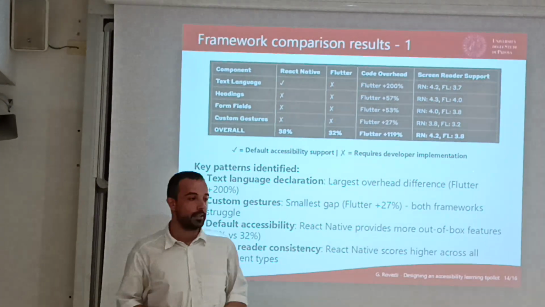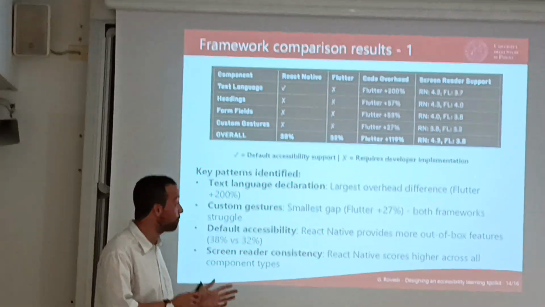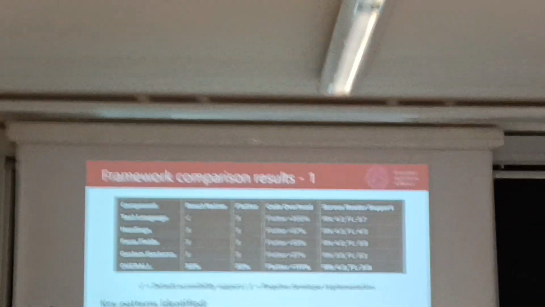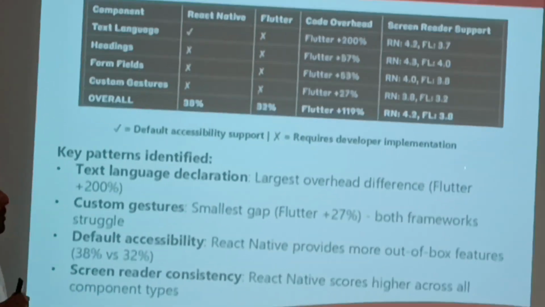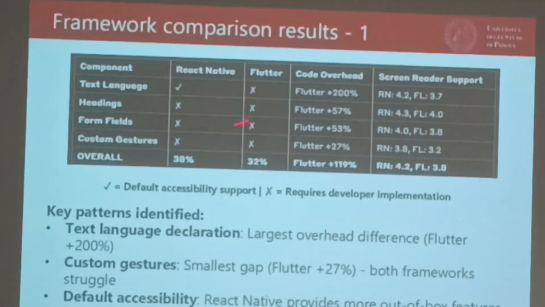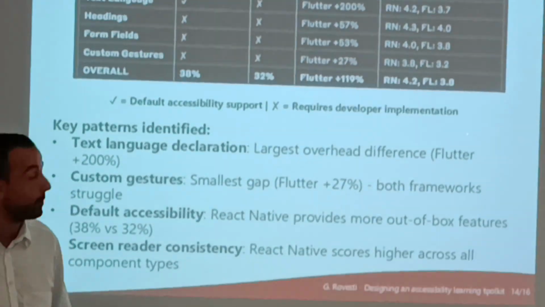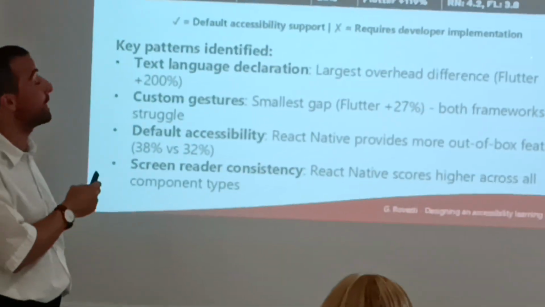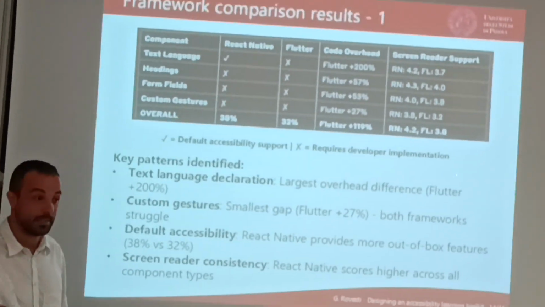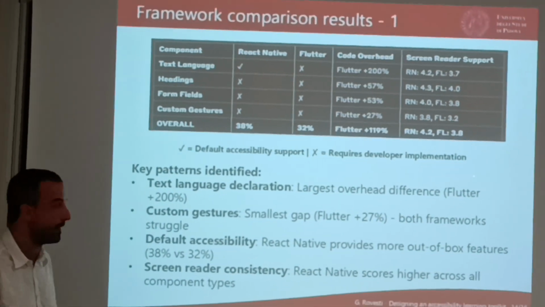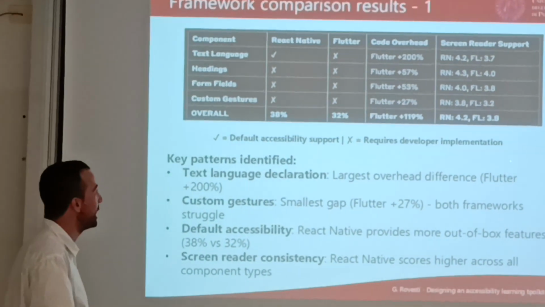We go on to the results mapping. In this case, the most important result is that the overhead from Flutter takes 120% more code. Not only for the simpler, we might say, components. In this case, the text language means translation of said components, the one we tried to see before with the Italian/English pronunciation.